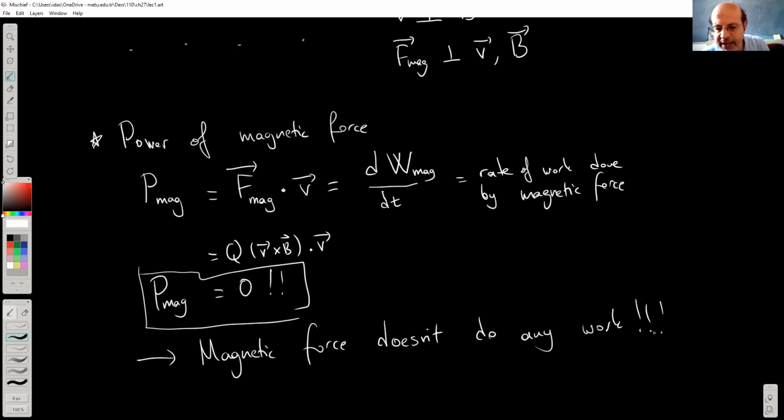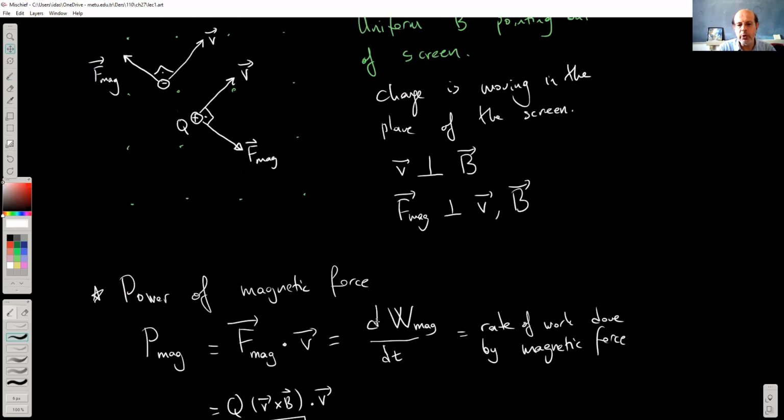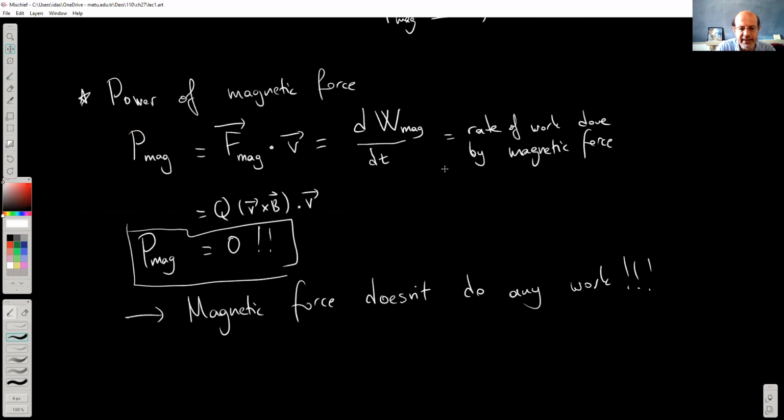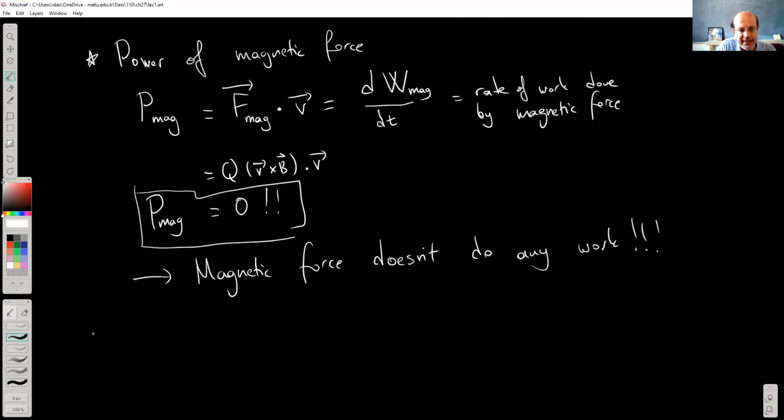But in any case, when we consider the magnetic force applied on a charged particle, the magnetic force doesn't do any work. And so as a result, you expect that if the magnetic force is the only force acting on the particle, the speed of the particle doesn't change.